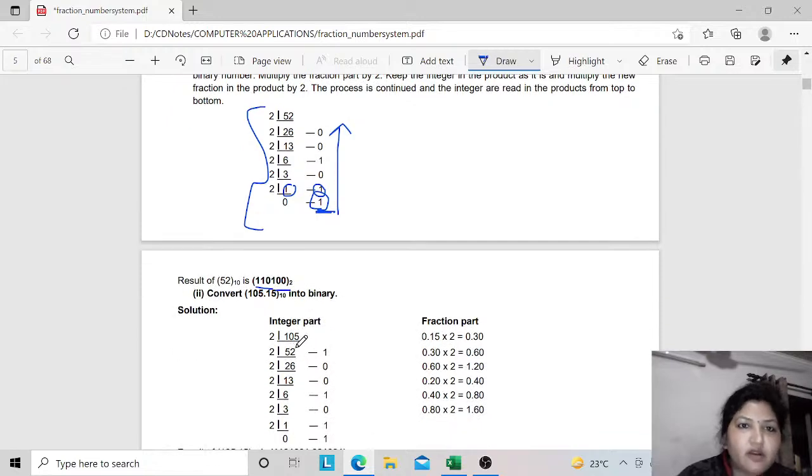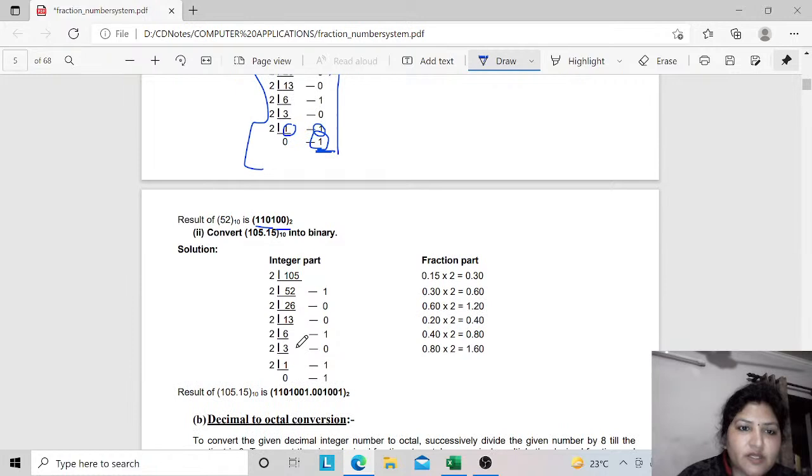We have already completed this for the integral part, but we haven't completed the fraction part. In the integral part the same process is followed, but let us see how we convert the point part. So 0.2, and what is my binary base? That is 2, so you take it as 2. Again this is multiplied by 2, and so on.